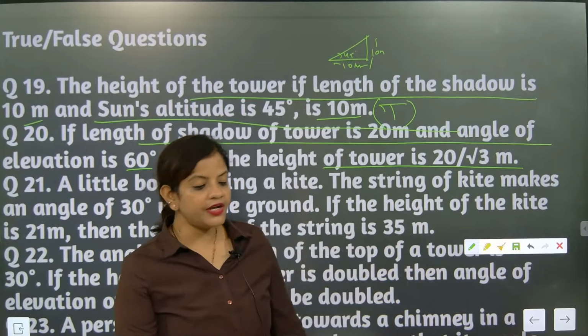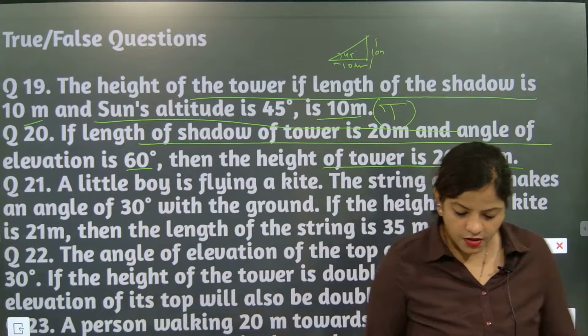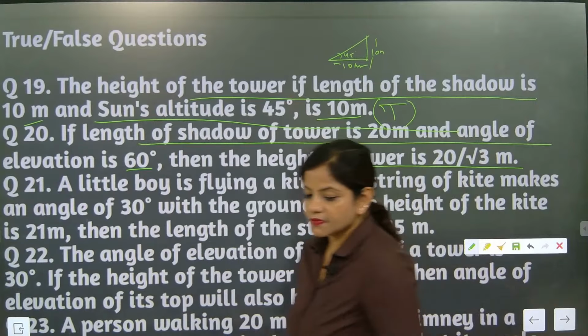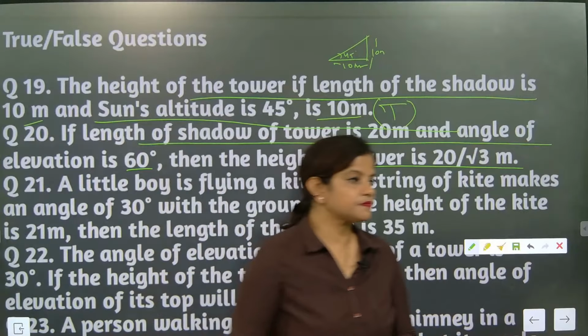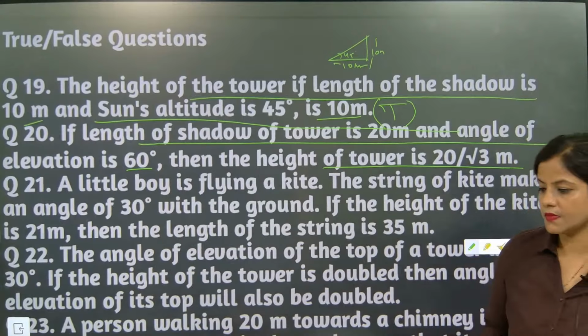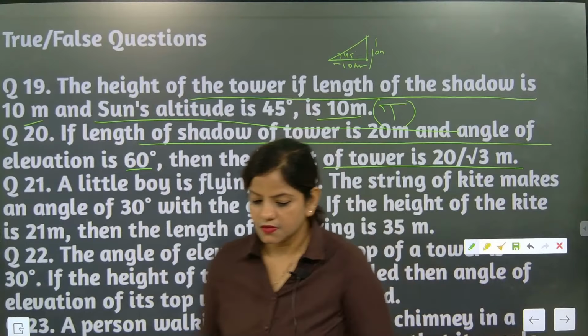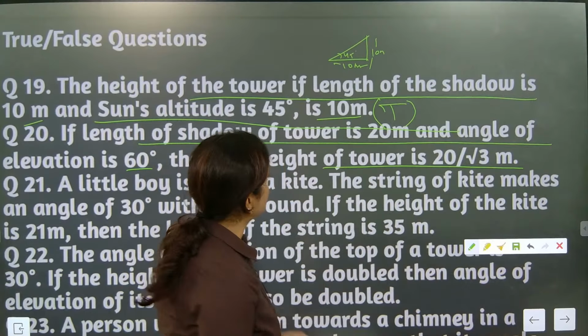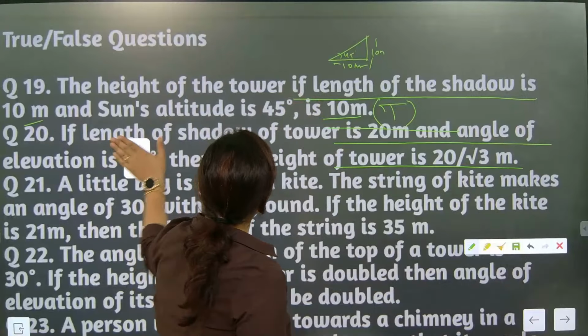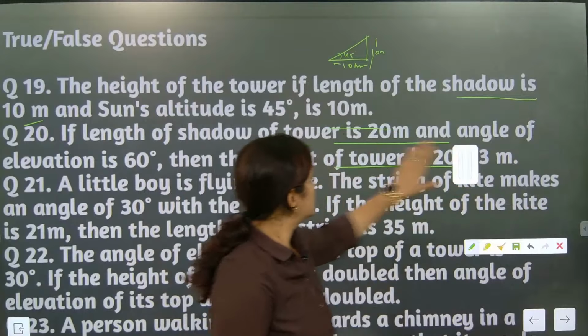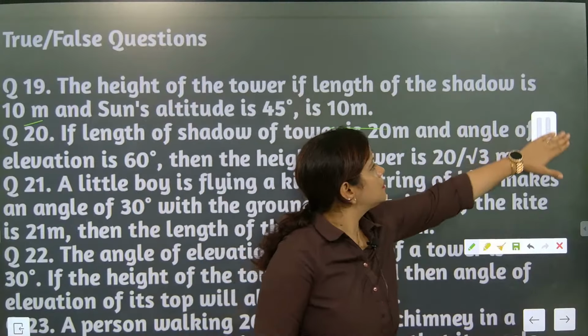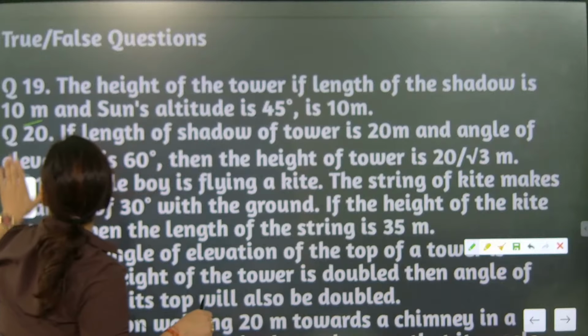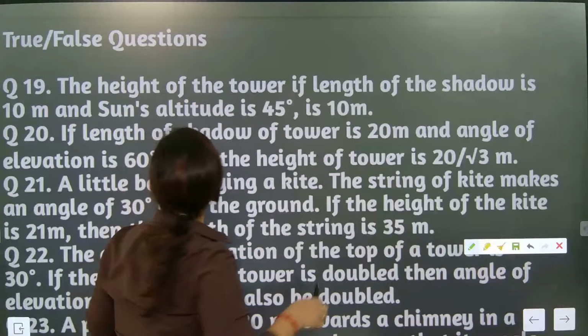Is it coming 20? 20 root 3? What is the answer coming?